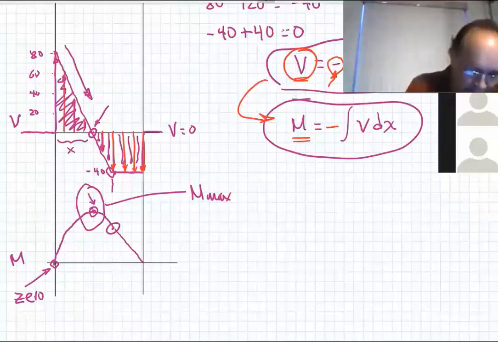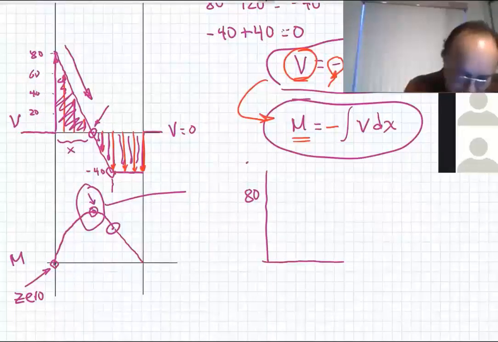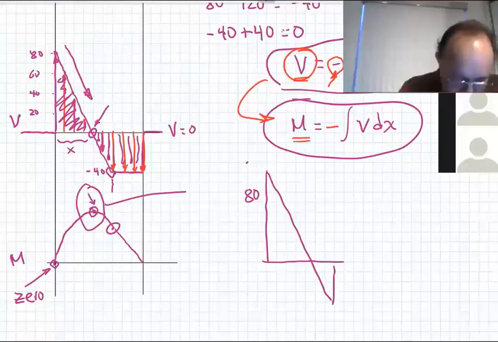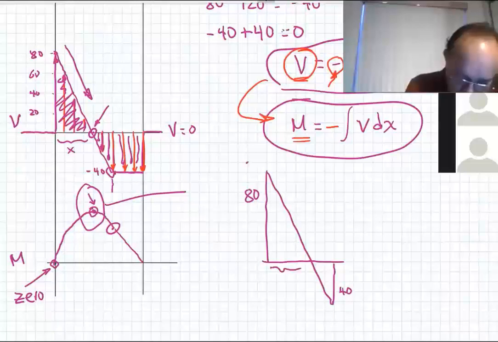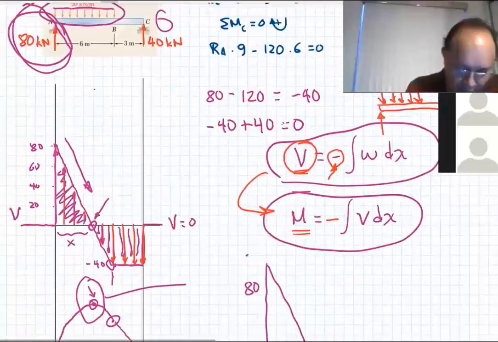How do we find that distance? Well, using triangles here. Let me put that triangle here. This is 80 here. Then the triangle goes like this, then goes down like this. This is -40, so this is 40, this is x, and all this distance is 6.